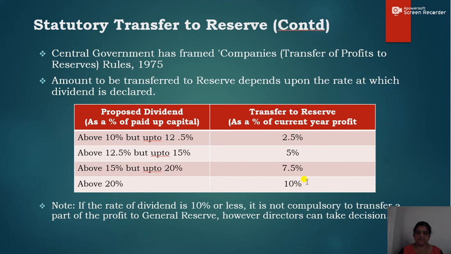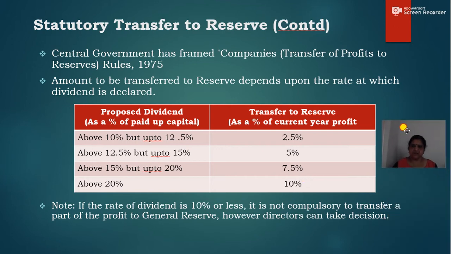So that is why it is said not exceeding 10%. In the point itself, it is said that not exceeding 10%. So in case the proposed dividend is above 20%, then the transfer to reserve will be 10%. So this is regarding the percentage by which the amount should be transferred to reserve, and this depends upon the rate of proposed dividend.